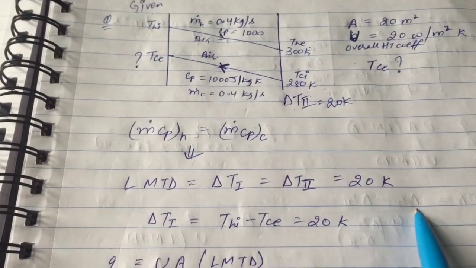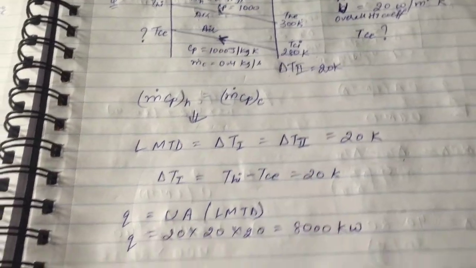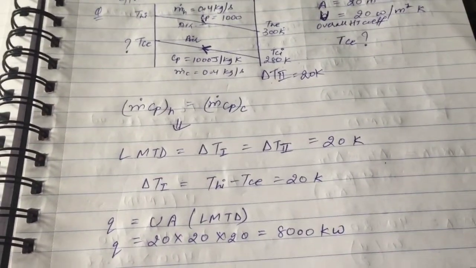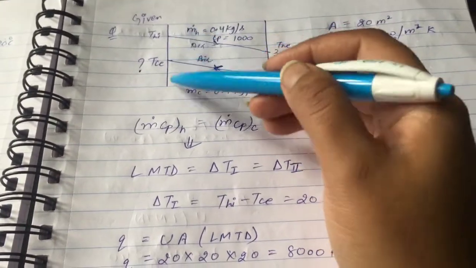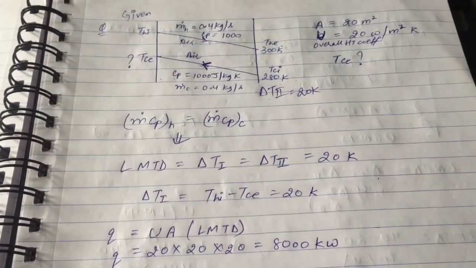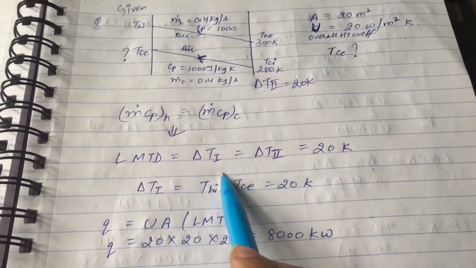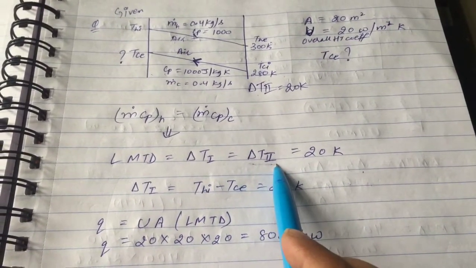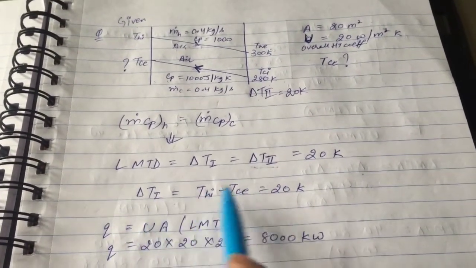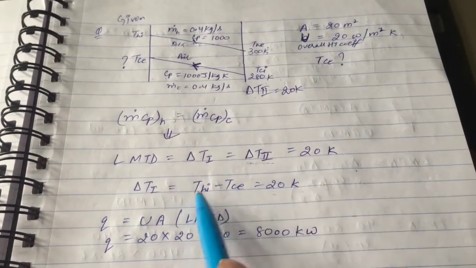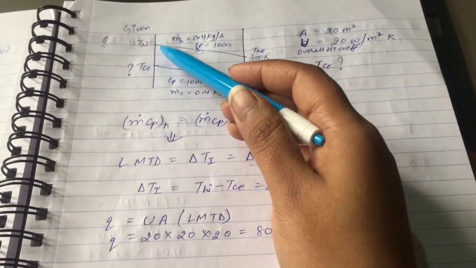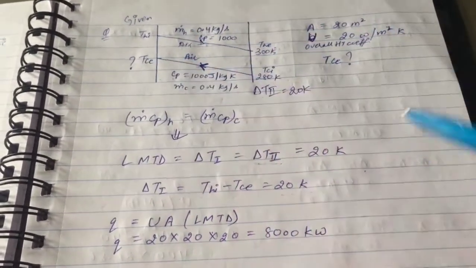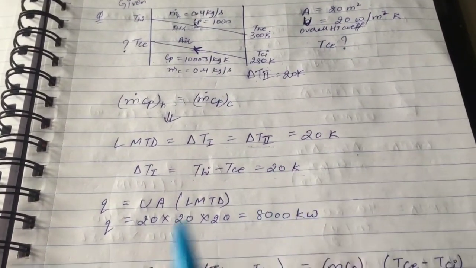So this would be equal to LMTD. Then this means that the temperature difference for this end would also be equal, because the temperature difference for N1 is equal to that for N2. So for N1, T_HI minus T_CE would be equal to 20 Kelvin.